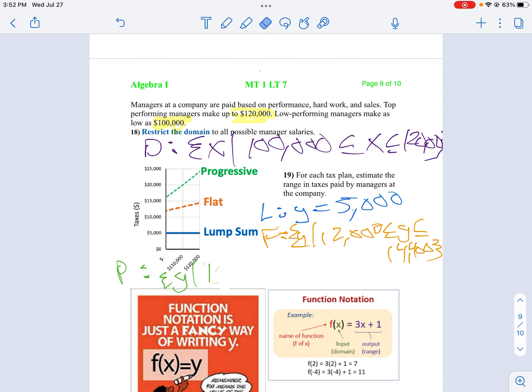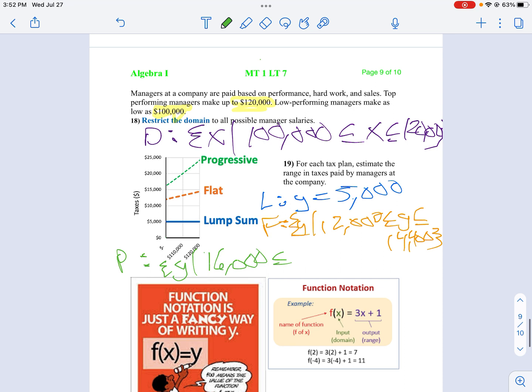Let's make that 16,000. So we're going to go 16,000 is less than or equal to y, which is less than or equal to, and then if I look here, almost 25,000, so I'll say 24,000. And that's how much you would pay.